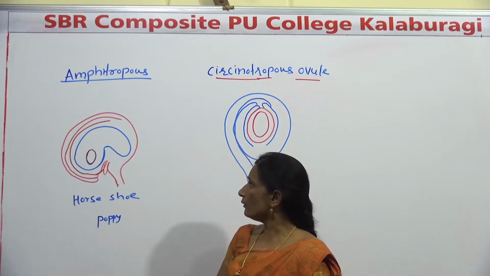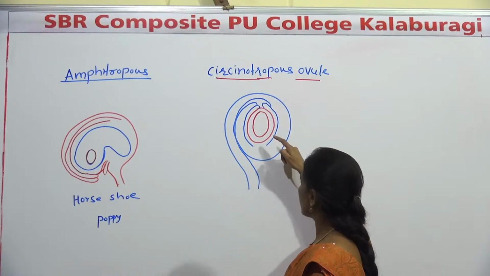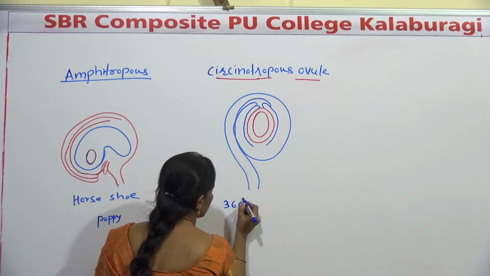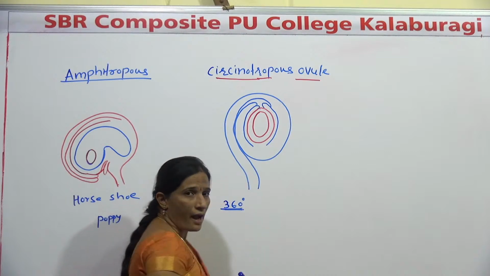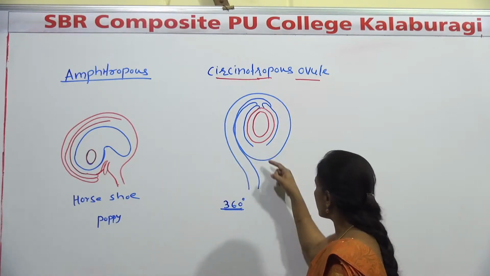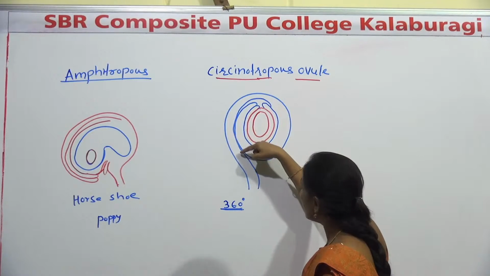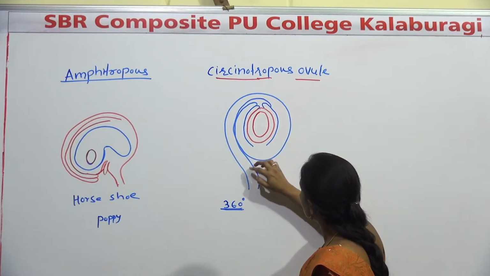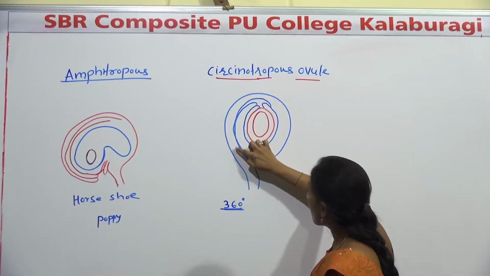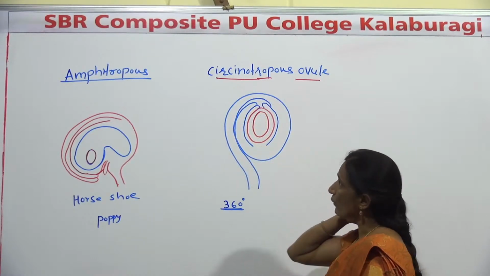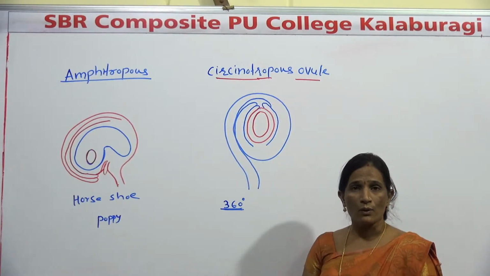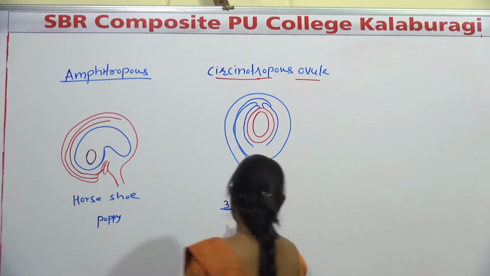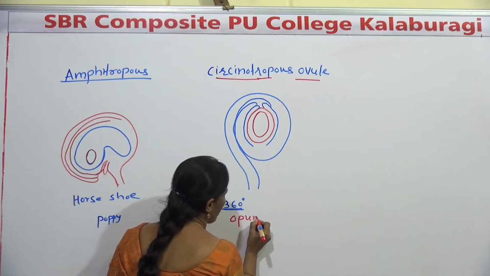In this type of ovule, the funicle curves through a 360-degree angle. Here the funicle completely coils around the ovule. This is the funicle, and it completely coils around the ovule. Such a type of ovule is called the cyclotropous ovule. Is it clear? And this we are going to observe in Opuntia.